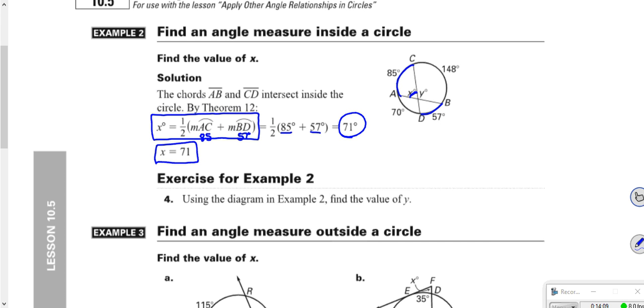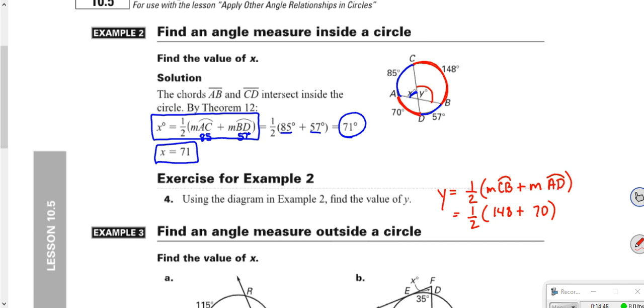So now number 4 says use the diagram in example 2, find the value of y. So now y is this angle. So it's dealing with these intercepted arcs right here. So y is going to equal 1/2 the sum of the measure of arc CB plus measure of arc AD. Well, that is 1/2 of 148 plus 70.